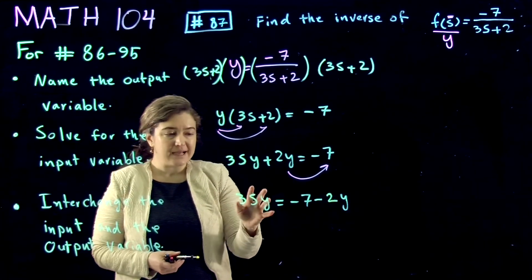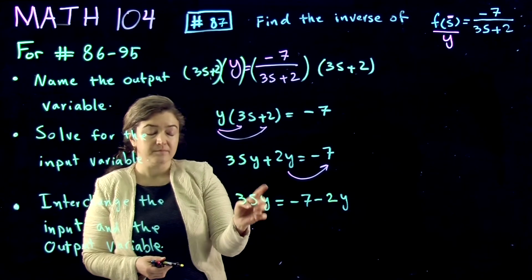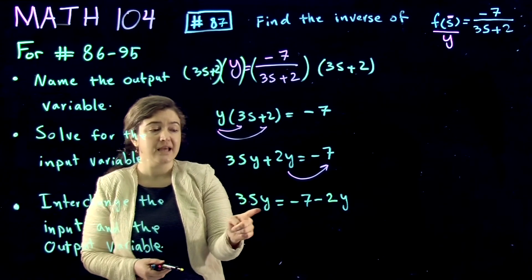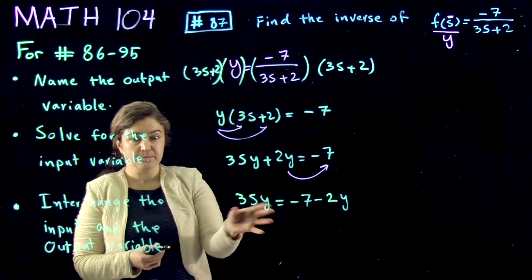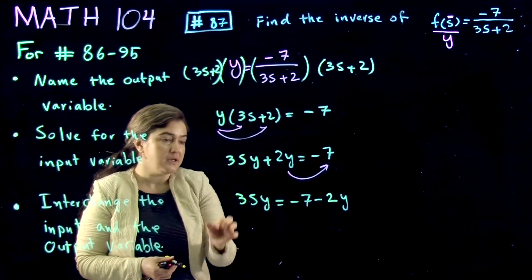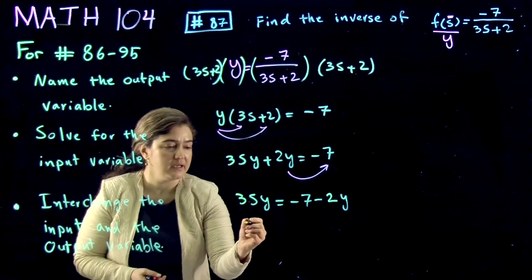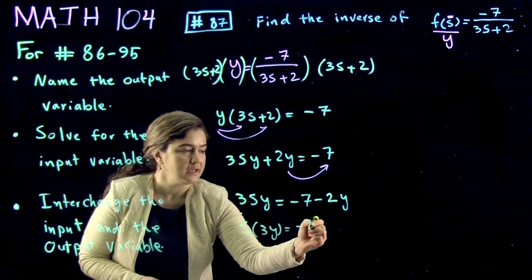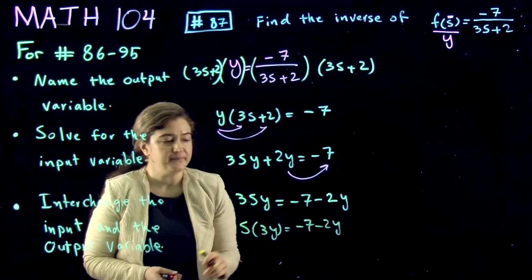And now the one before last step to solve for s is to factor s out of the terms that it appears in. So factoring s, I get s times 3y equal to -7 minus 2y.